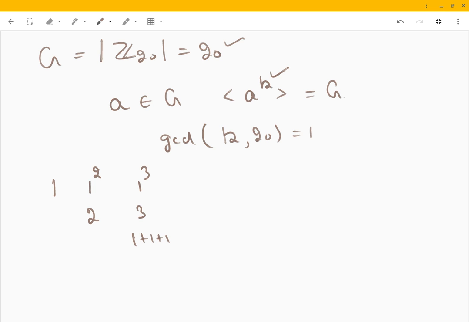So 2 is not co-prime to 20, 3 is, 4 is not, 5 is not, 6 is not, 7 is, then 9 is, then 11, 13, 15, 16, 17, and then 19, right? Obviously not this one. So what do we get?